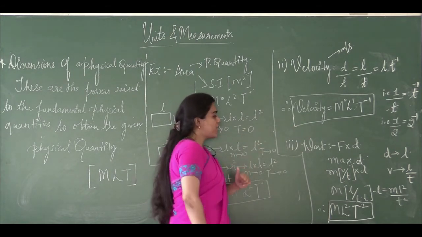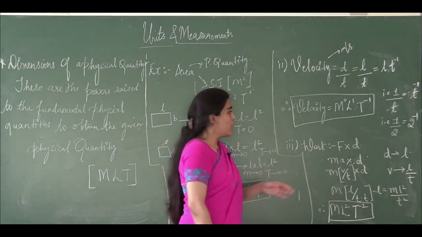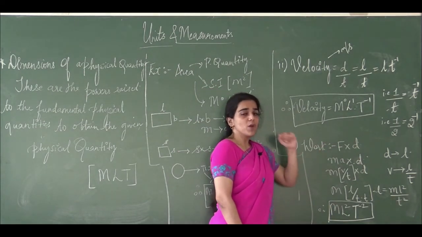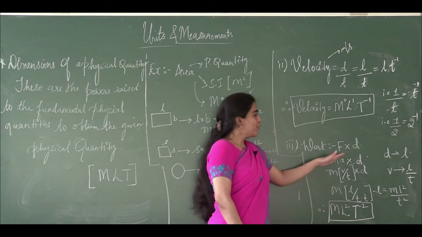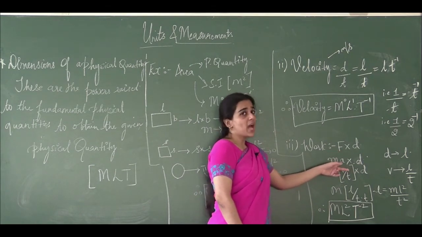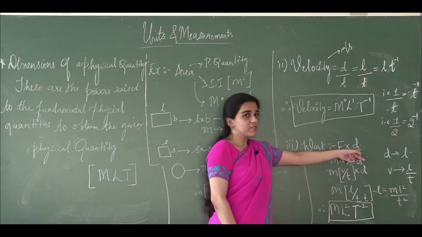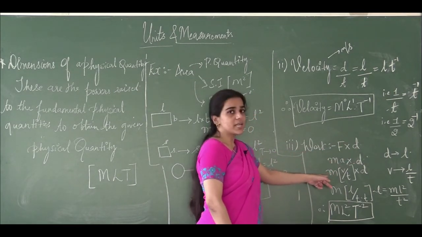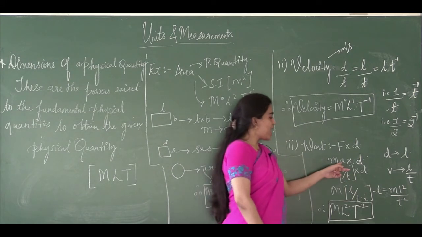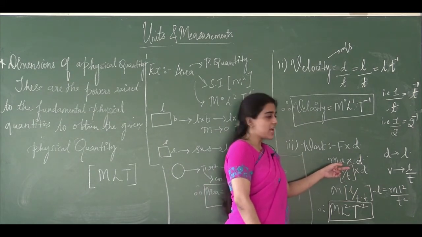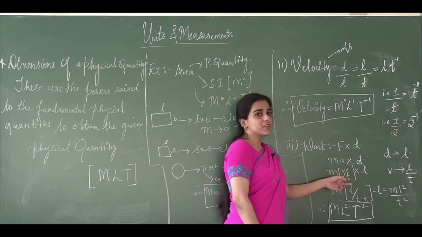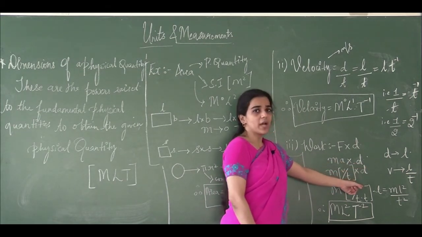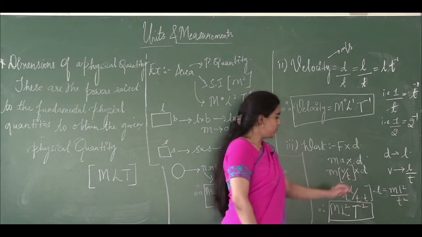In a similar manner, when we talk about work done, we know that work done is force into displacement. We also know that force is mass into acceleration, and we have the displacement d. Mass is written as it is, M. Then we have acceleration, which is the change of velocity with respect to time, that is v by t, and the displacement is again written as it is.